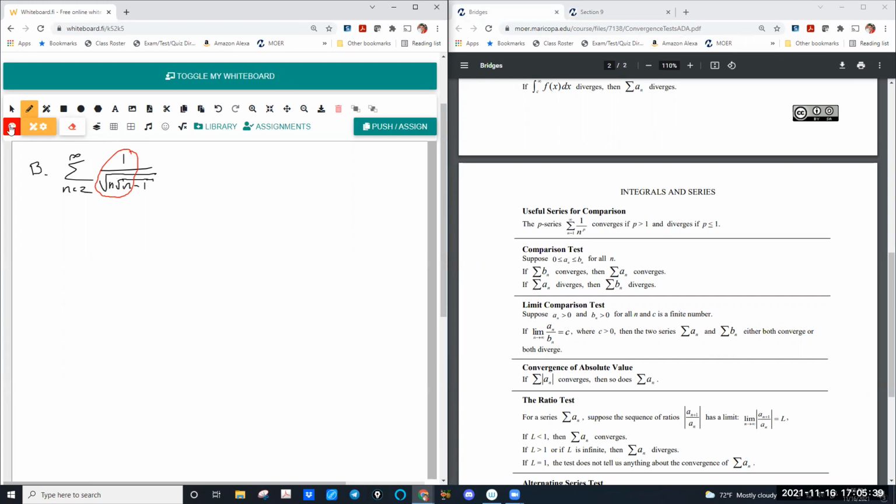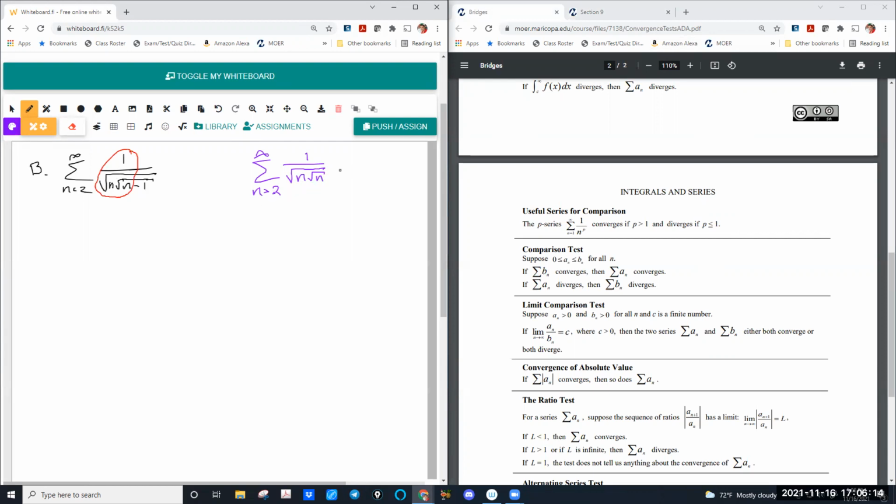So this thing is going to be very similar to the series from n equals 2 to infinity, forgetting about the minus 1, of 1 over the square root of n times the square root of n. Let's clean that up a little. Well, that still doesn't look like a P series.